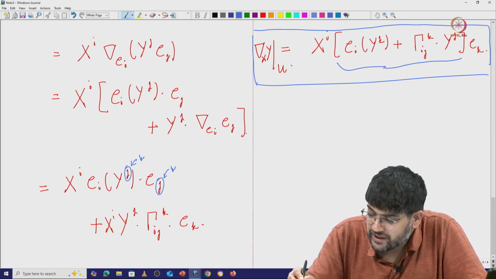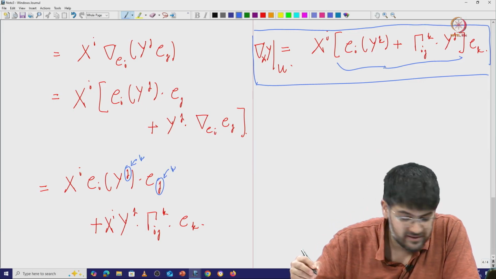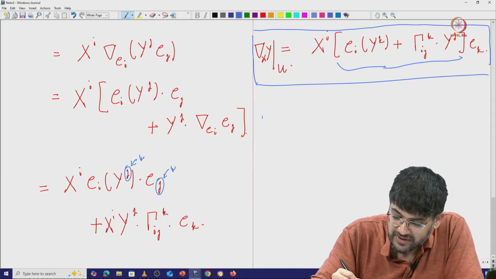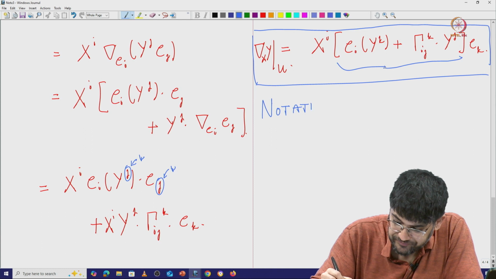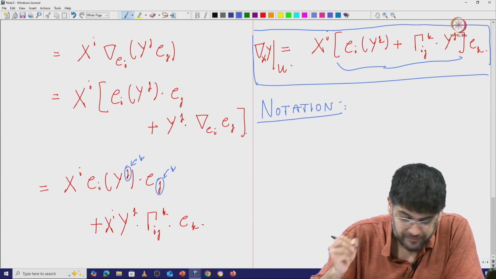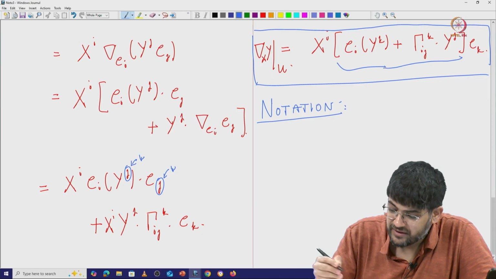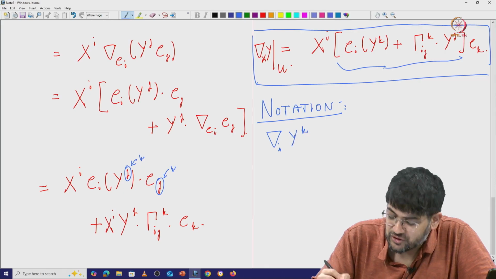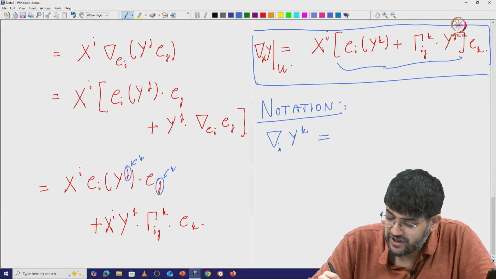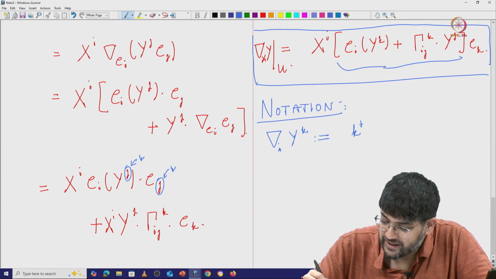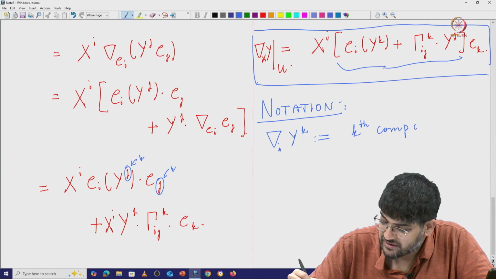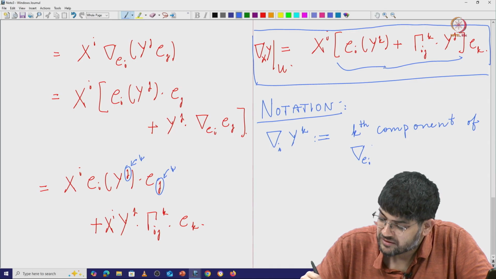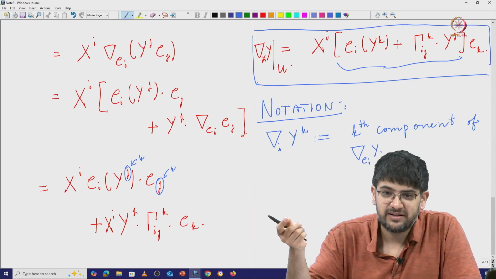So this quantity here, I have a special name for it. I'll introduce some notation. Whenever I write something like this, by definition, this basically means that I am looking at the kth component of the derivative of y in the eith direction.